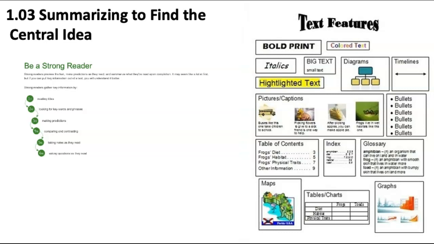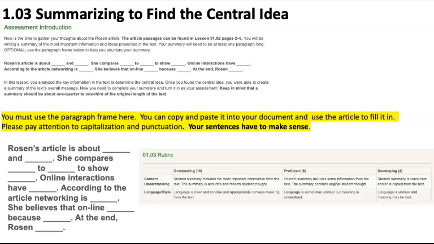Now, as far as summarizing goes, as you work your way through the lesson, you will be learning how to summarize. When we get to the very end, your assessment is right here, but I do want to reiterate that a summary is just the most important ideas, the most important points that you are gleaning from a piece of reading.